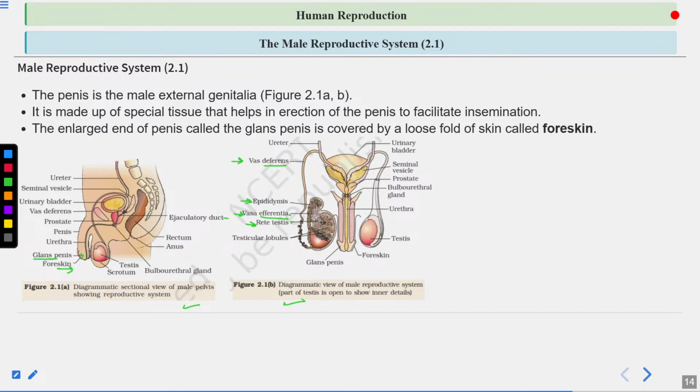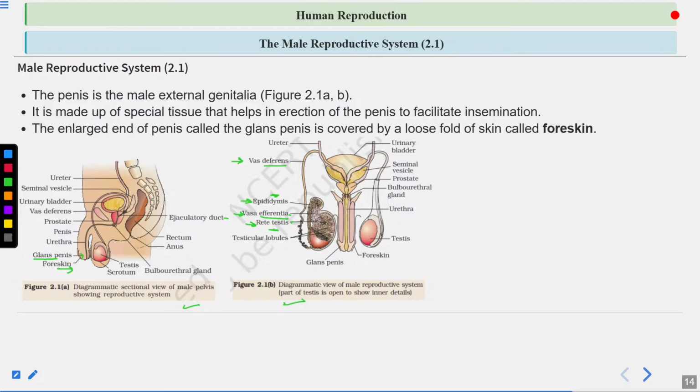Vasa efferentia is present within the testes, and vas deferens is present outside the testes. So their location is different. Vasa efferentia are quite small, twisted tubes that connect the testes to the epididymis.